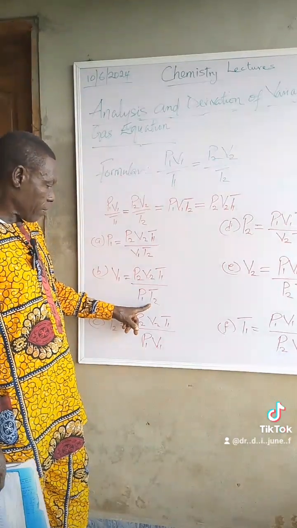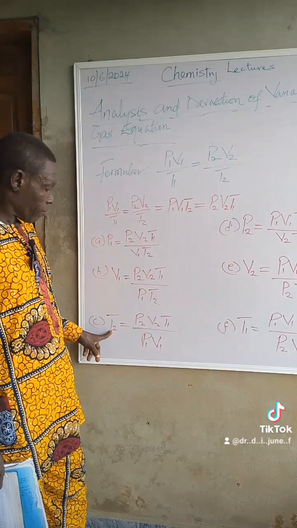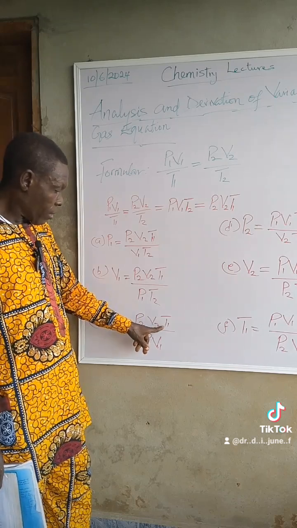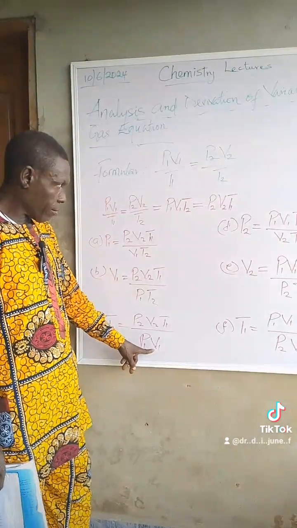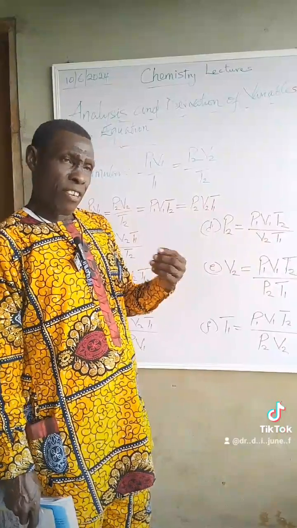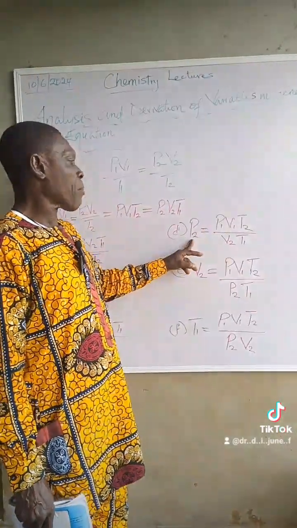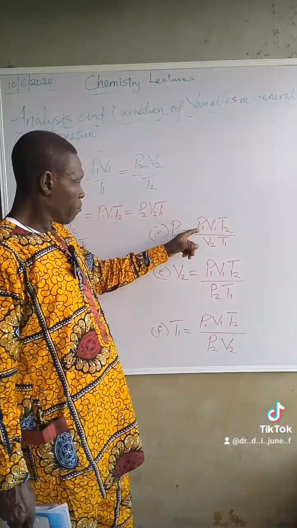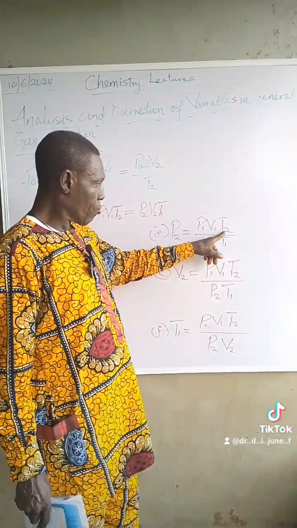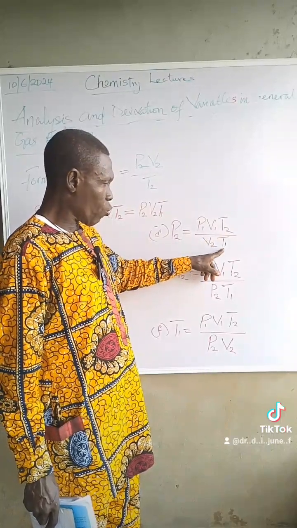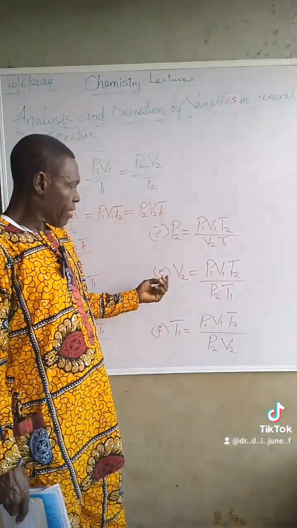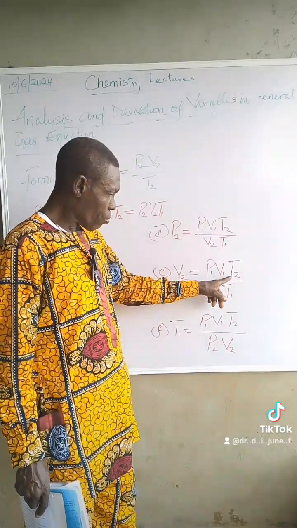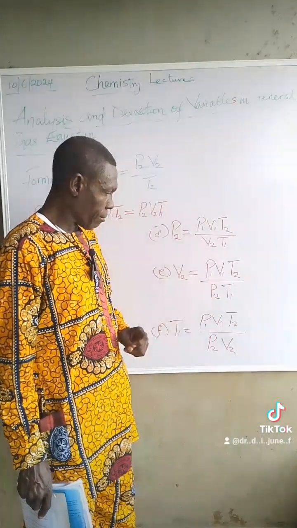If you are asked to calculate the final temperature of the gas, it means you have P1 V1 T2 all over P2 V2. If you are asked to calculate the final pressure of the gas, it means P1 V1 T2 all over V2 T1. If you are asked to find the final volume, it will be P1 V1 T2 all over P2 T1.